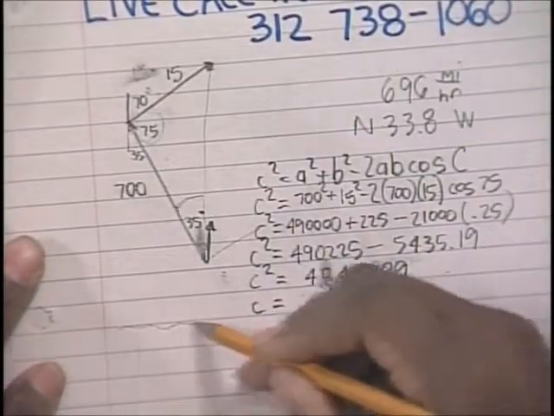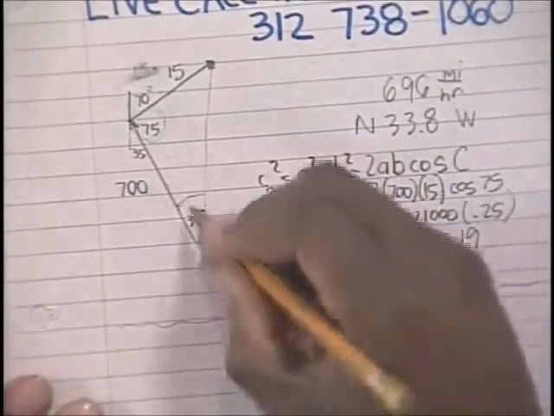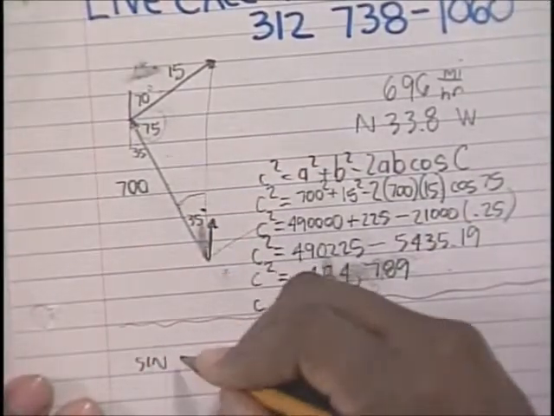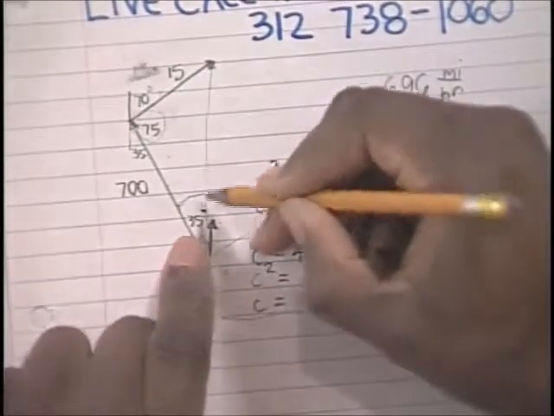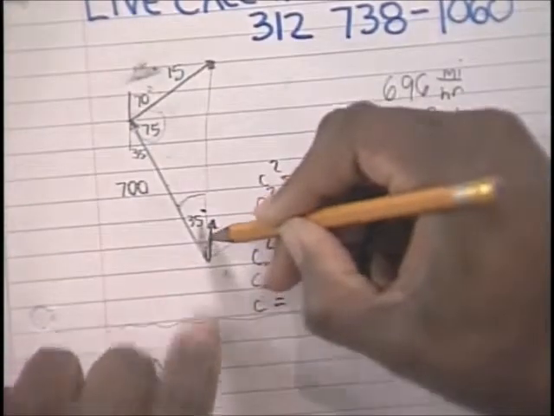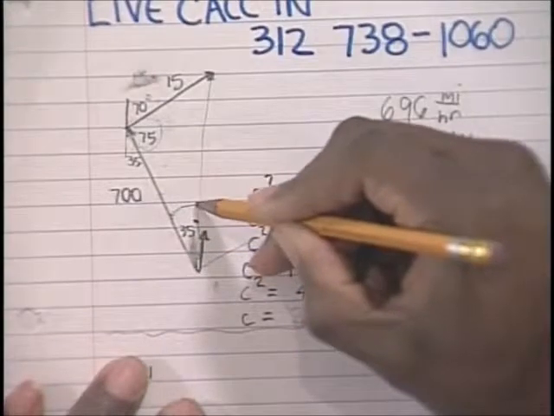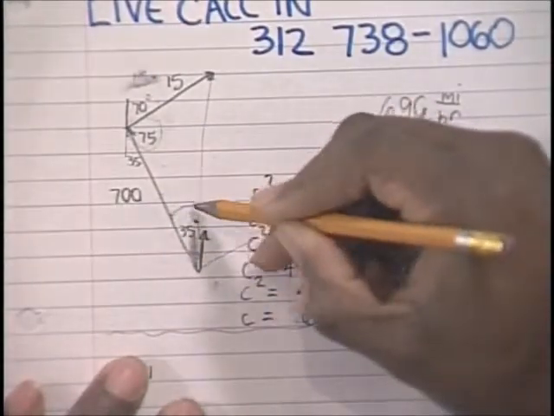Use the law of sines. All right. So what we have is the sine. Right now we don't know what that is. It's not 35. 35 was measured against north, from north to this leg.